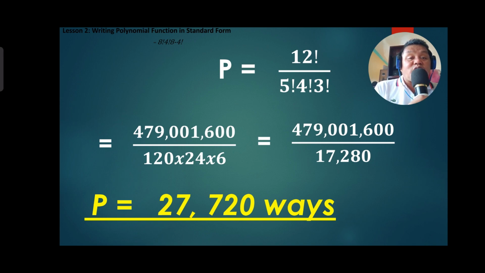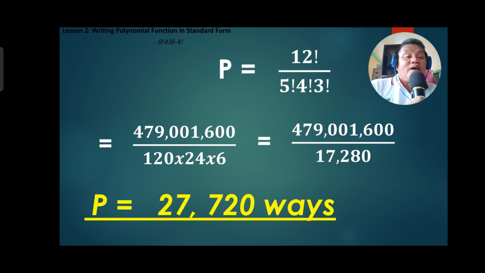So we have now 479,001,600 for 12 factorial over. The factorial of 5 is 120. Then we have 4 is 24 and 3 is 6. So multiplying 120 by 24 and 6, we have 17,280.